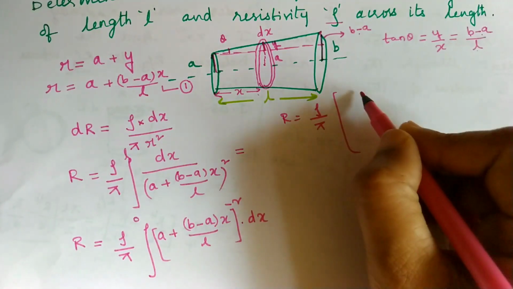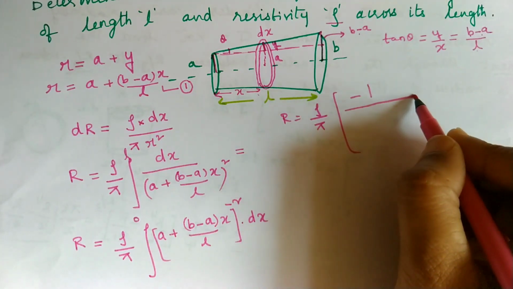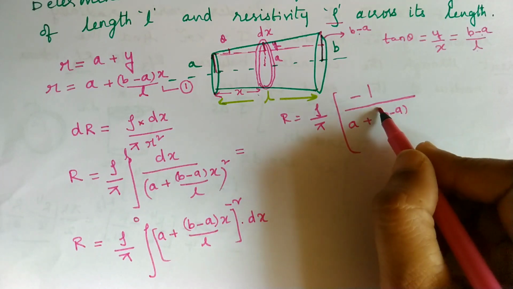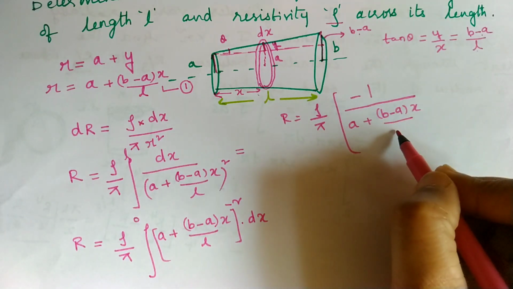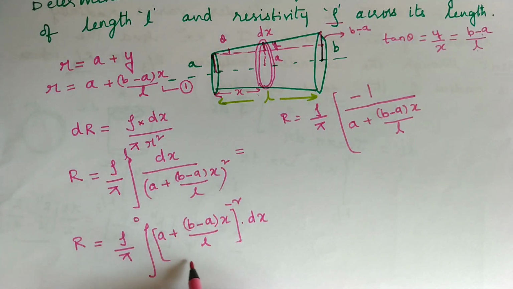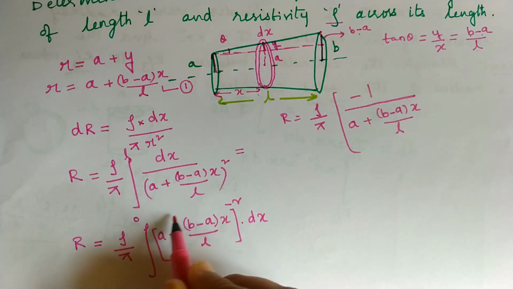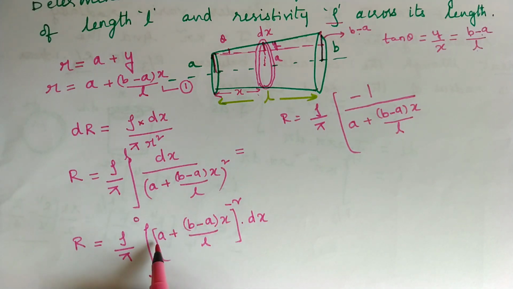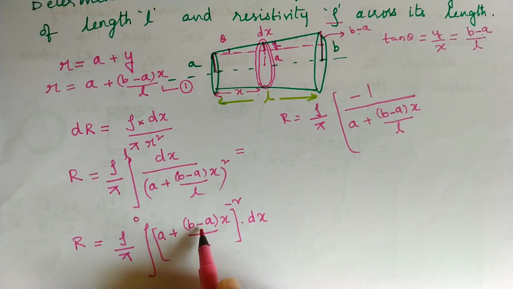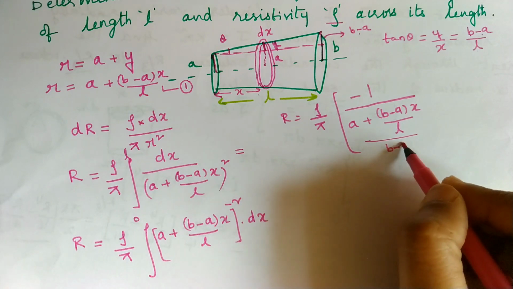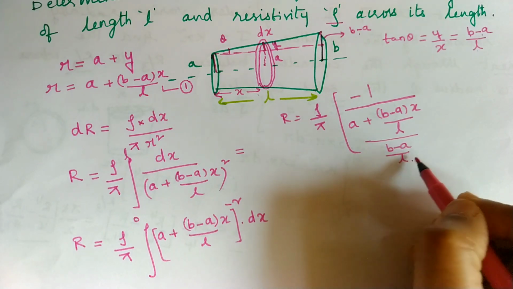So I will write it as minus 1 by (a plus (b minus a) into x divided by L). But don't stop here. Again we have to divide by the differential of this term. What is the differential of this term with respect to x? The differential of a is 0, plus the differential of this term is (b minus a) divided by L.